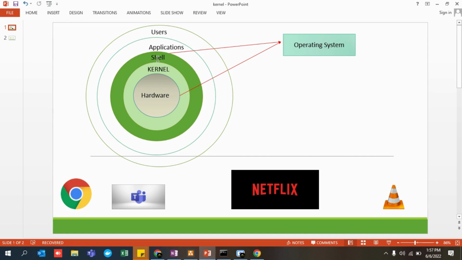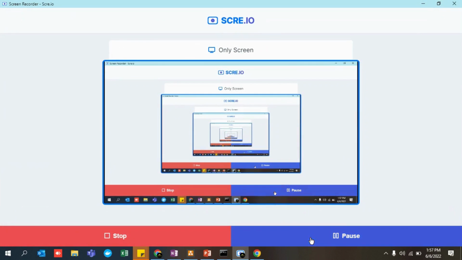In the shell you type commands like ping google.com, netstat or ipconfig. These are the commands that you type in via the shell, but the kernel will not understand your high level language. I'll quickly demo it to you guys, give me just 1 minute.